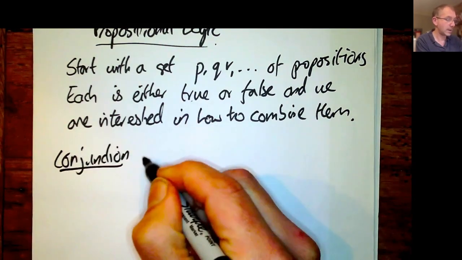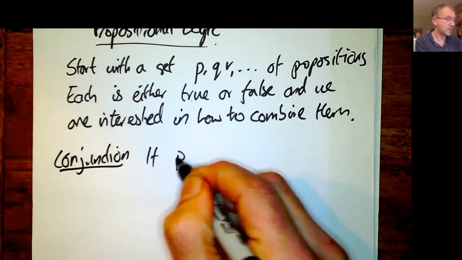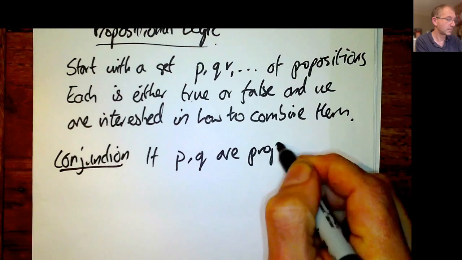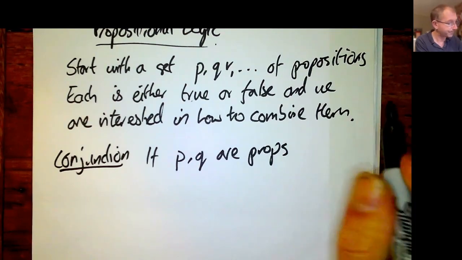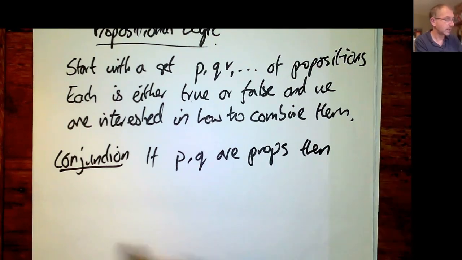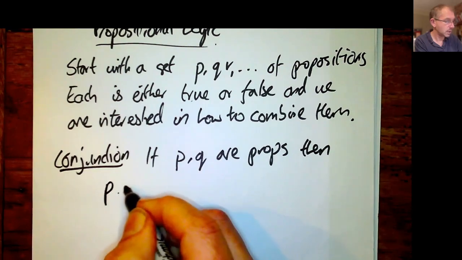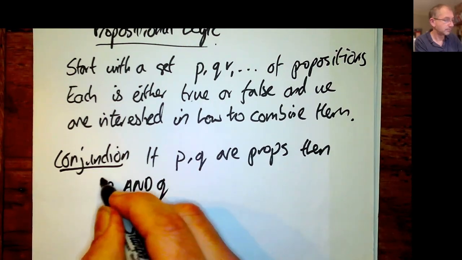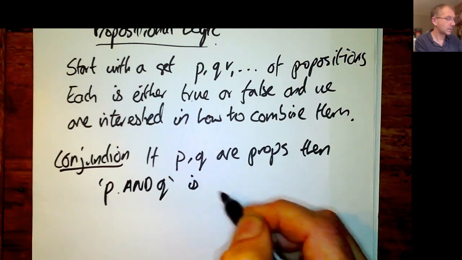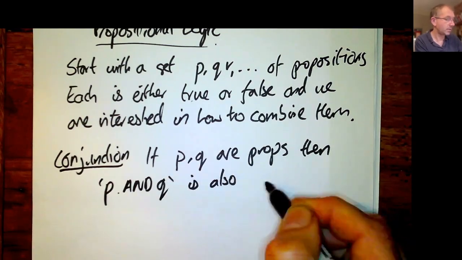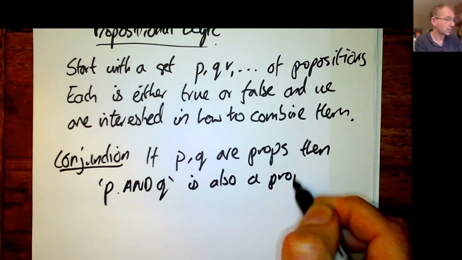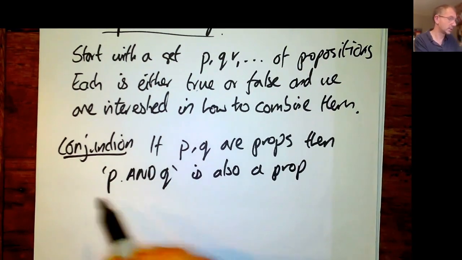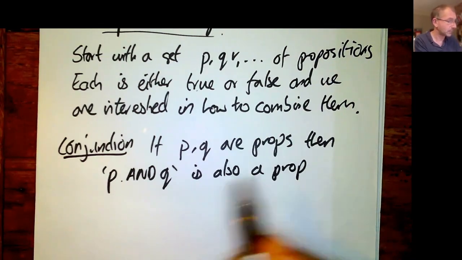So if P and Q are propositions, I'll just say props, then P and Q is also a prop, so a compound proposition, just because it's made up of more than one thing.